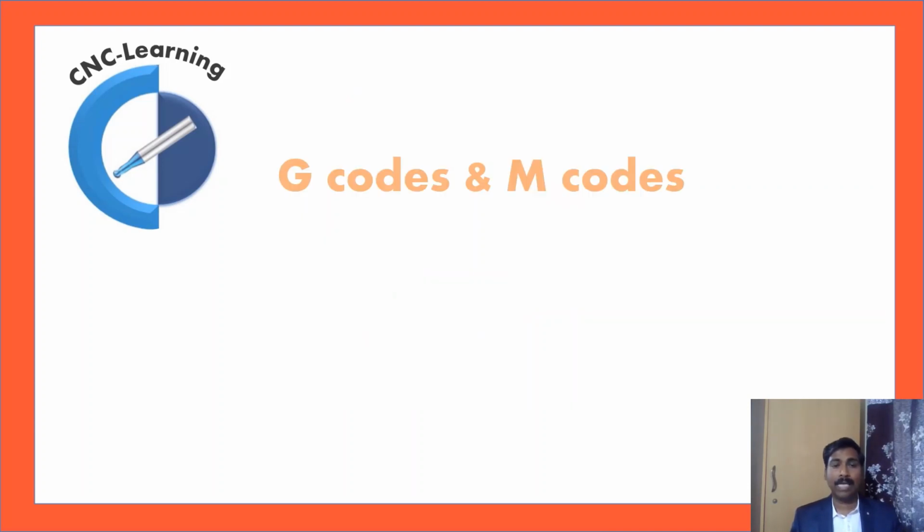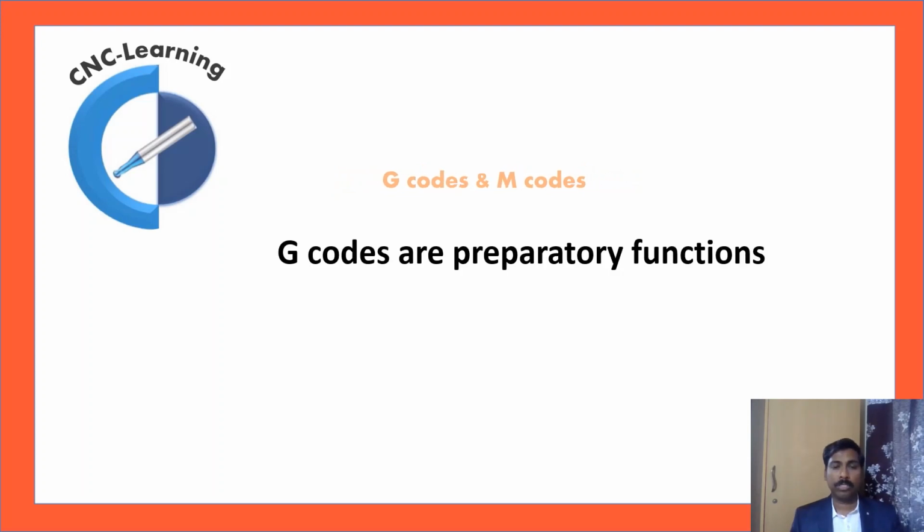Now for learning CNC programming, you need to learn G codes and M codes. What is G code? G codes are preparatory functions. All the preparatory functions, such as what is the unit and what kind of measuring system you are using, and what is the method for the movement, are defined with G codes.